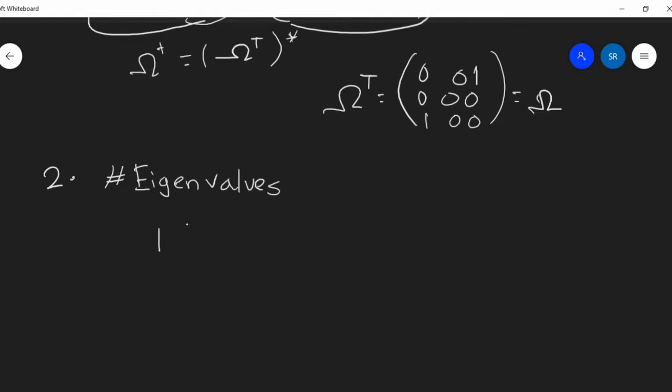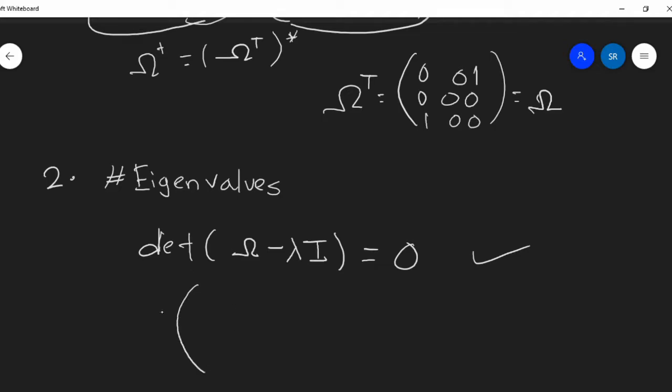We already know that the determinant of the operator minus its eigenvalue times the identity gives us 0. With this, we can figure out the eigenvalues. So for convention's sake, let's write it like this.